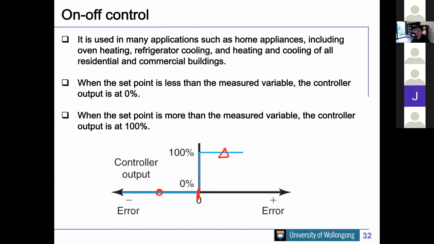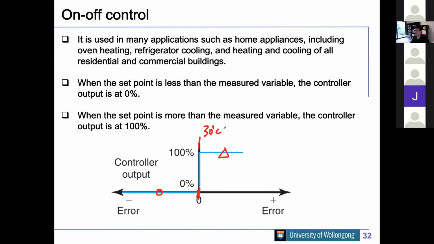So basically, we have a reference. For example, with air conditioning, we set the temperature to be 30 degrees. If it's less than 30 degrees, we turn off the air conditioning. If it's more than 30 degrees, we turn on the air conditioning. So we want to make sure the temperature is 30 degrees all the time.